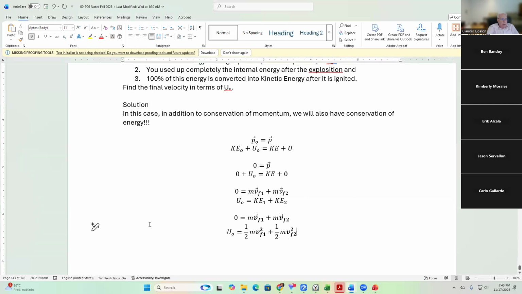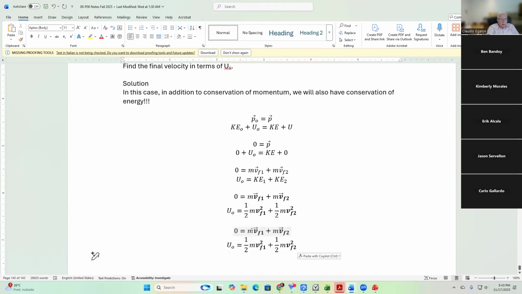One more step here. V final of 1 is going to be minus V final of 2. Nothing changed in the conservation of momentum, right? And I'm going to simplify my notation.